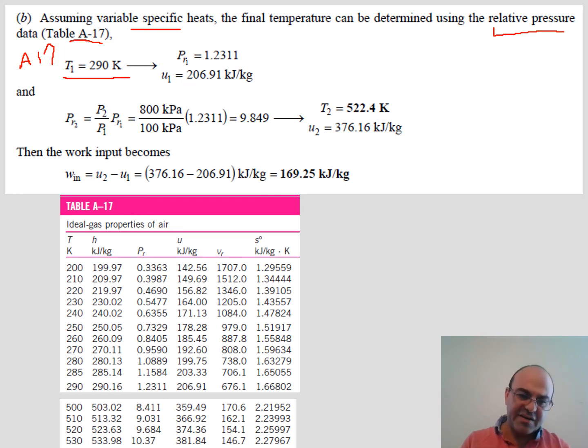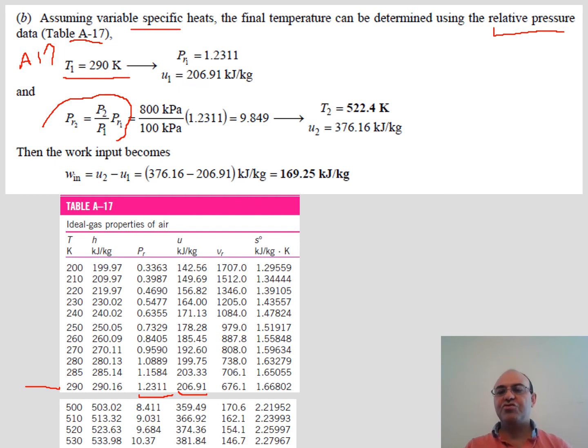At 290 Kelvin, if we look at the air table, we see the relative pressure 1.231. So that's the relative pressure. We also need u, the internal energy, in order to find the work. So we write down both of these two numbers. And then we use this exact ratio, P2 over P1 is equal to Pr2 over Pr1.